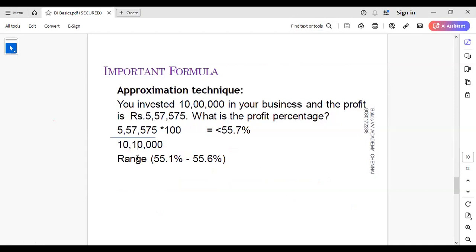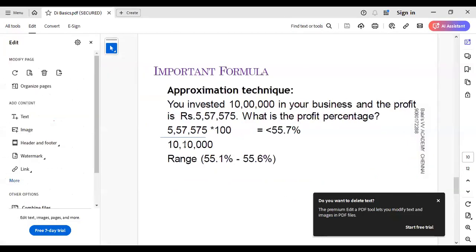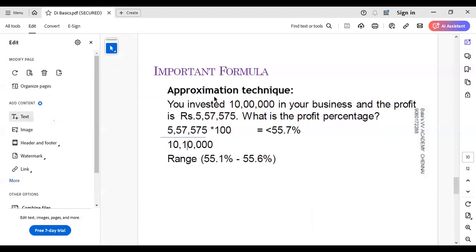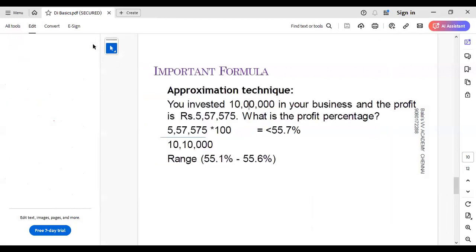Sorry, there is a typo error. One minute. Okay, there is a typo error here. It's a PDF.